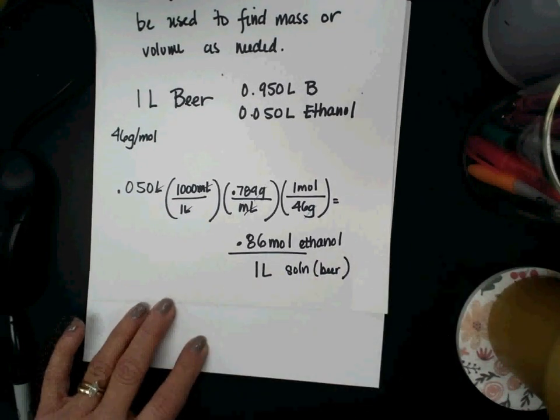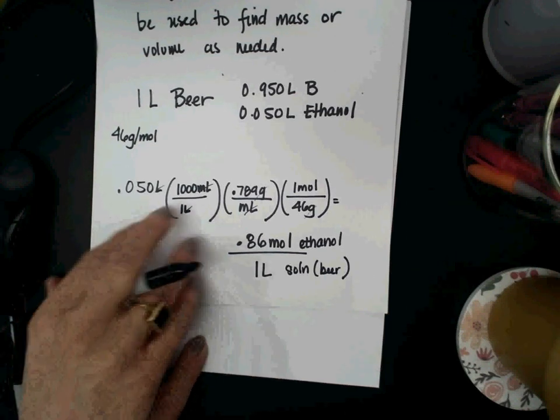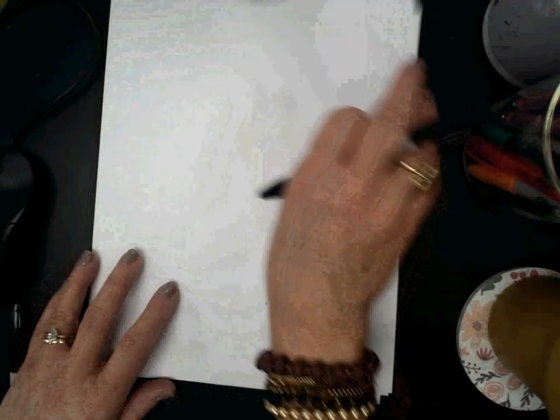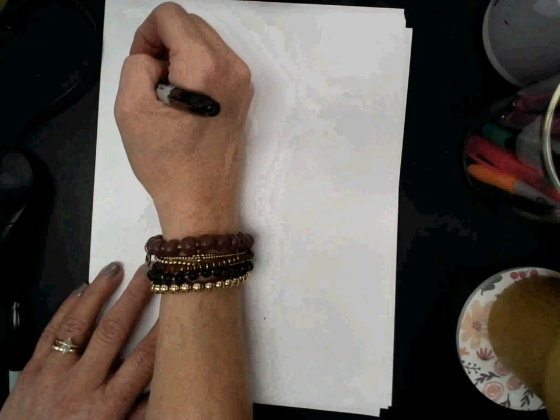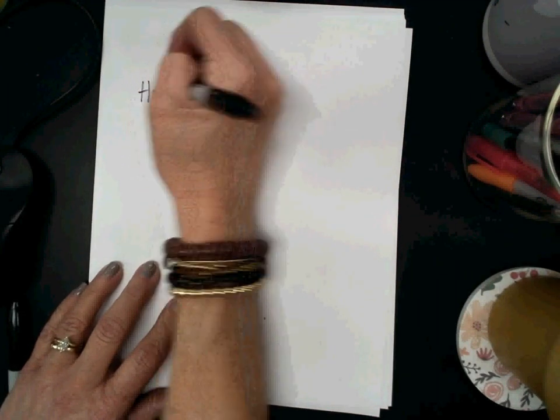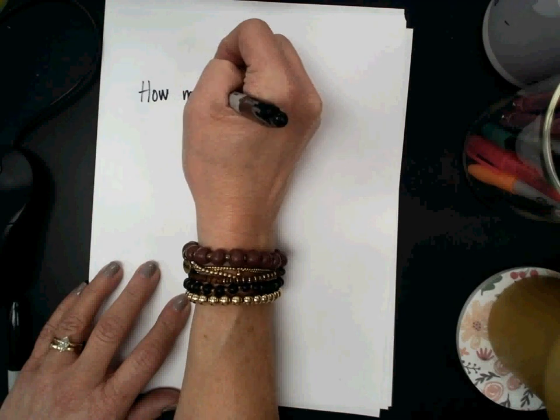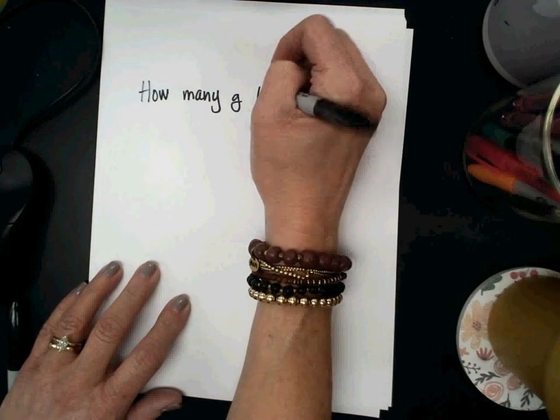Okay, let's try one more. I don't think I have an example of this kind on your paper. I have to put this one in your notes. Try this. It's another way to look at it.